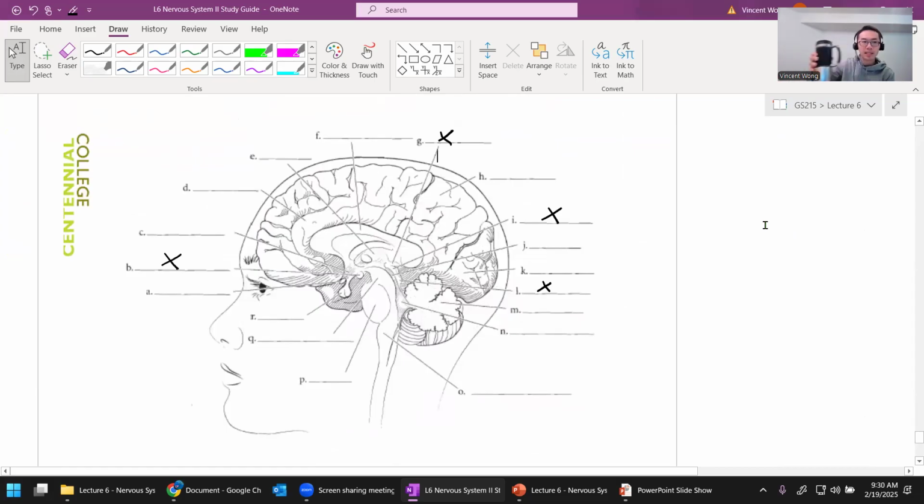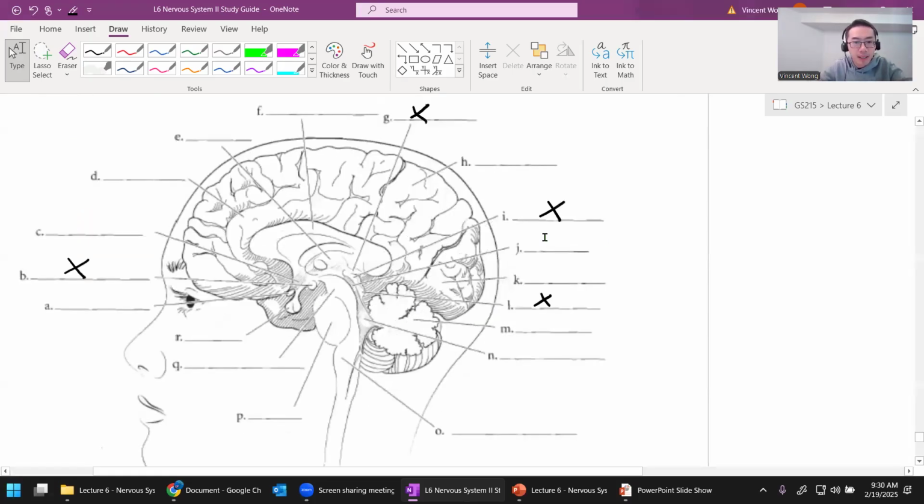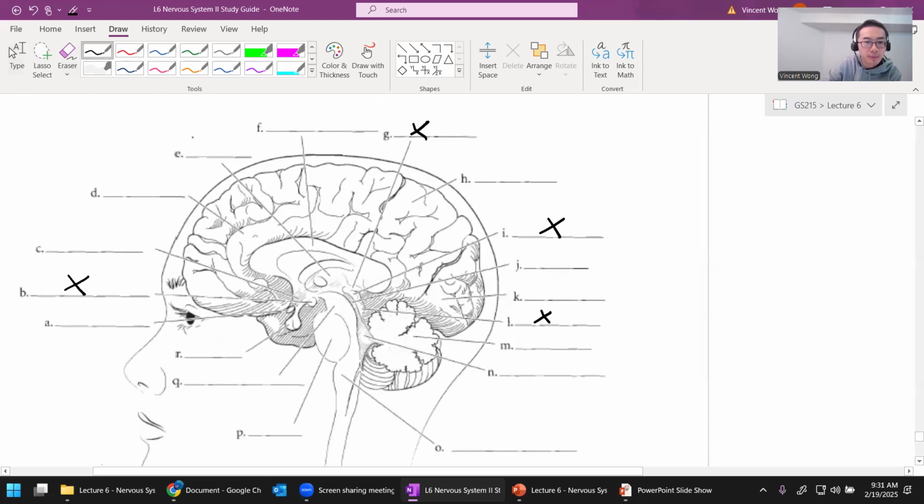Just say a letter and then tell me what it might be. Okay, E is the thalamus. Yeah, that's right. So over here, let's label it. This is the thalamus.